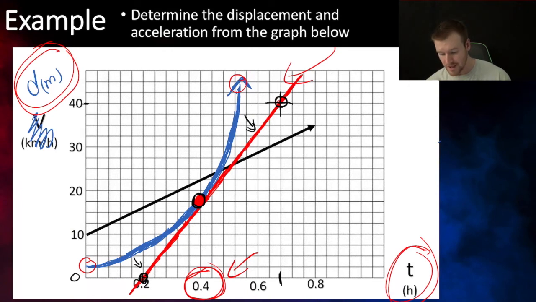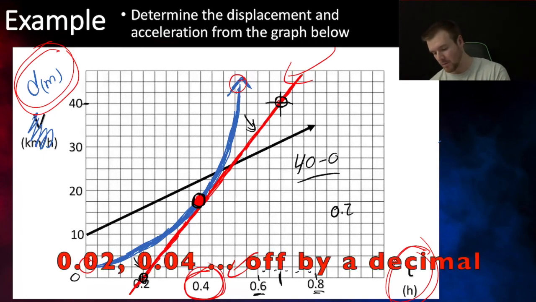So I'm gonna take my rise over my run. So my rise is 40 minus 0. That worked out well. And my run here, this is 0.6 and 0.8. Now it might be tricky to figure out what that is, but consider this is going 1, 2, 3, 4, 5 across. So if this was only going up 1, say 0.6 to 0.7, each one of those would be 0.2.